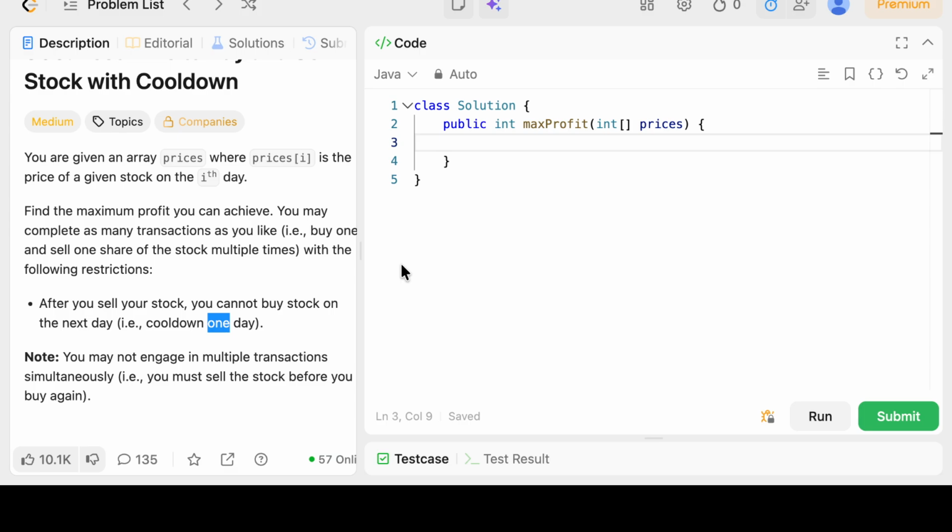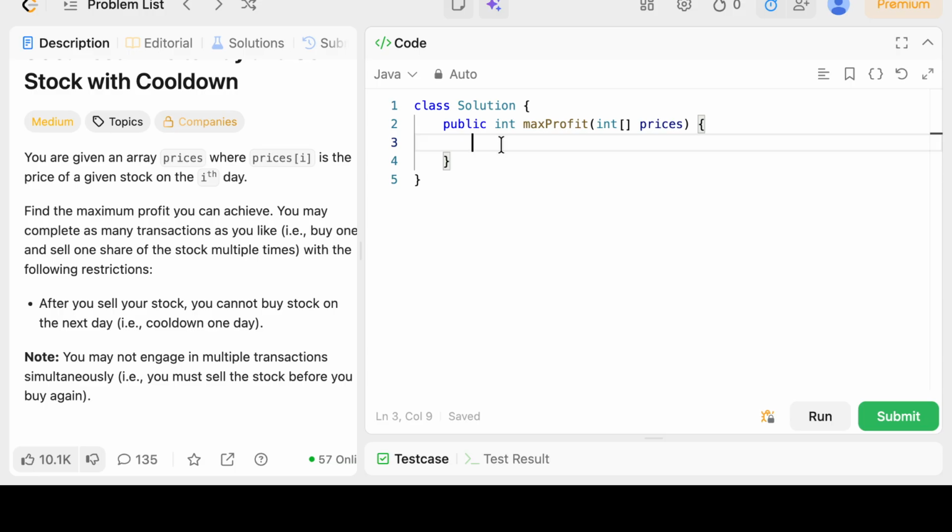So instead of thinking this way, think that whatever cash we have yesterday, we can't use today, right? Whatever cash we have yesterday can come either from selling yesterday or from just holding. So we need to track the previous cash, meaning the day before yesterday.